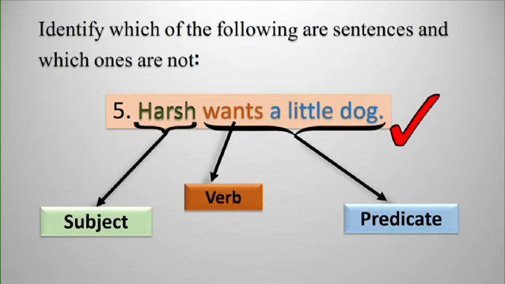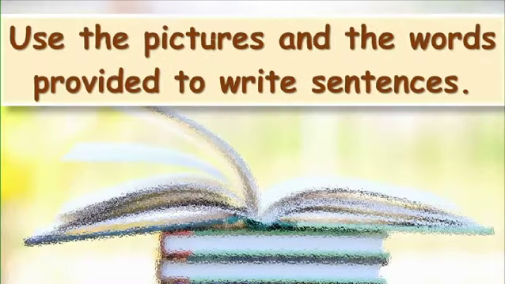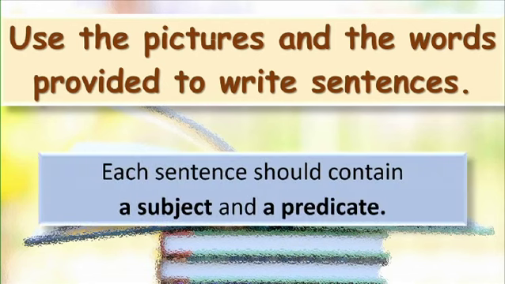Now we will move on to another activity. Here you will have to create sentences using the pictures and words provided. The first two have been done for you. Do not forget to check that each of your sentences contains a subject and a predicate.